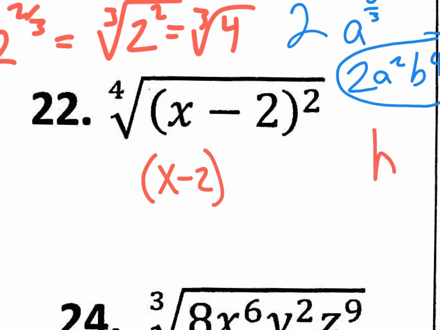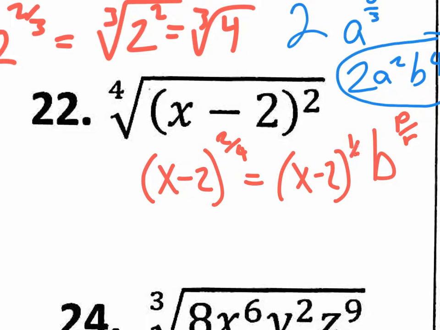It's always the base to the power over the root. Help me out, guys. Come on. 2/4, which becomes 1/2. So if we know that x minus 2 is to the 1/2 power, how would I write my answer? Yes. There you go. The square root of x minus 2. That's your final answer for number 22.